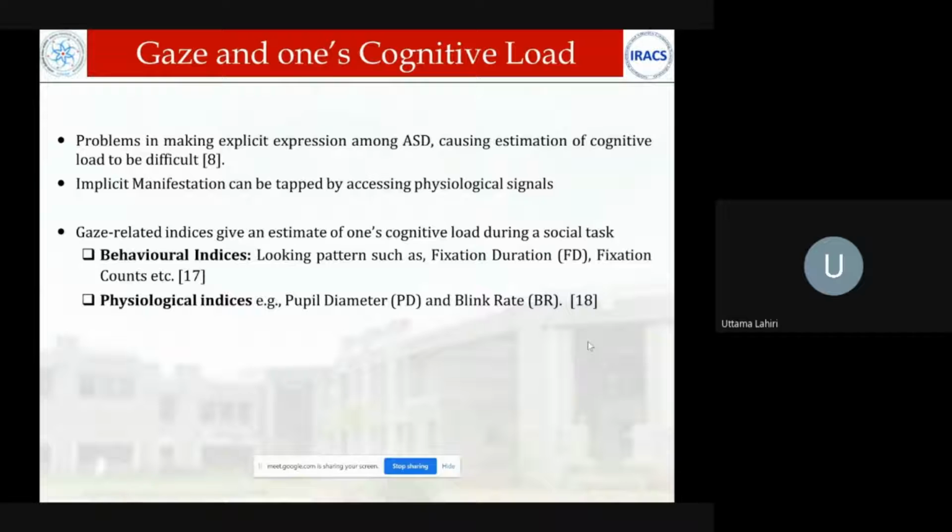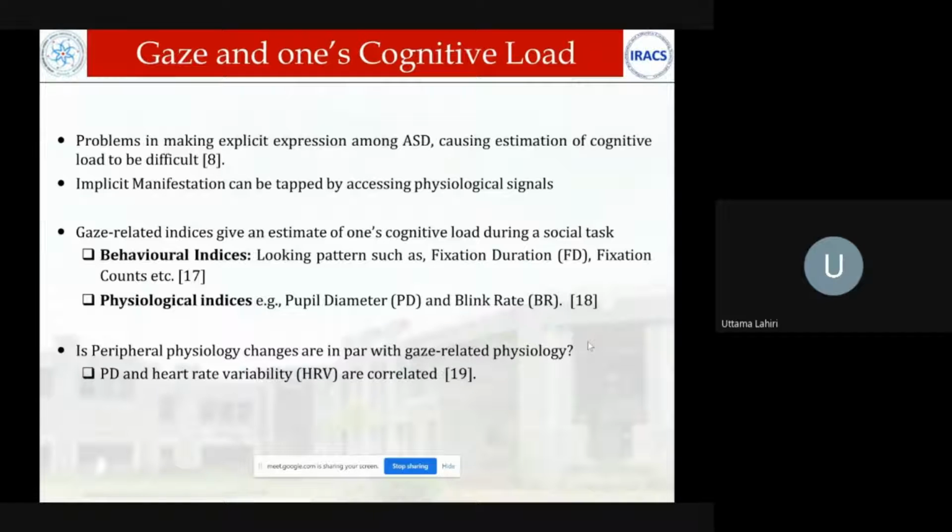As an example, here we are choosing anxiety as an affective state. Now, the question comes, is the peripheral physiology, that is heart rate, say electrodermal or muscle twitching, on par with the gaze-based physiology? In fact, it is. Research shows that pupillary dilation and heart rate variability are correlated.